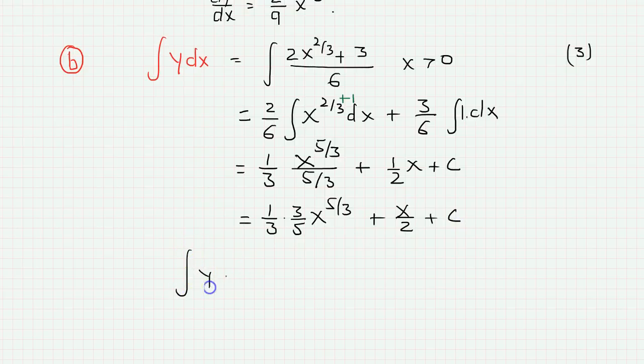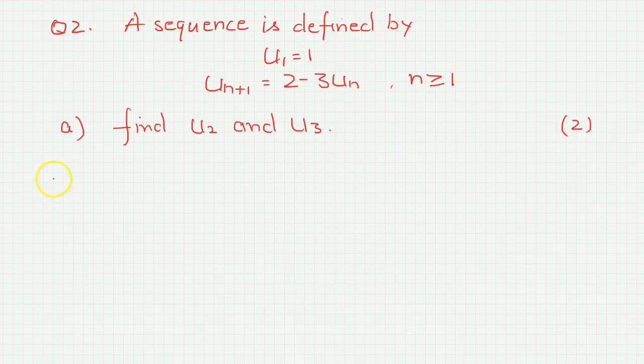So the integral of y dx will be, this 3 and 3 cancel, 1 over 5 x to the power 5 over 3 plus x over 2 plus c. So that's the answer.